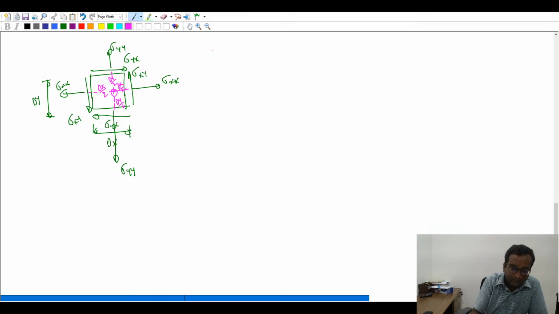I have taking moment about O. I am writing the moment about O point, taking the anticlockwise moment as positive, equal to 0.